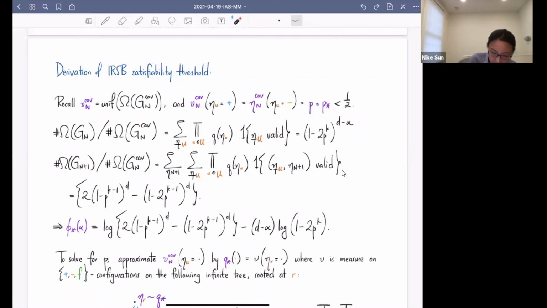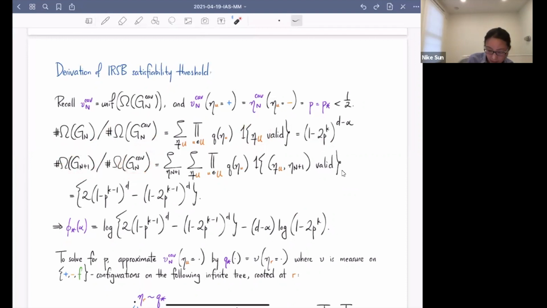If you know this cavity measure, this will be enough to give the quantity that you want, because going from the cavity graph to Gn, it should be given by the chance that eta will be a valid configuration on the clauses that you add, and the law of eta will be given by p, and likewise going from the cavity graph to Gn plus 1.